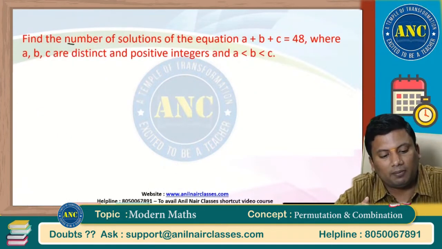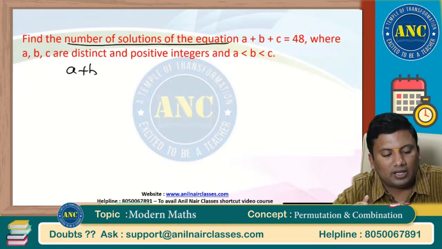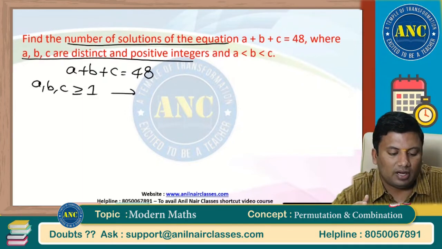Find the number of solutions to the equation a plus b plus c, which is nothing but 48, where a, b, c are distinct and positive. If it is positive, a, b, c are greater than or equivalent to 1.